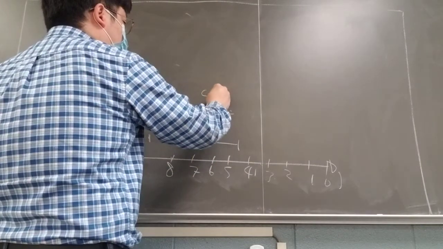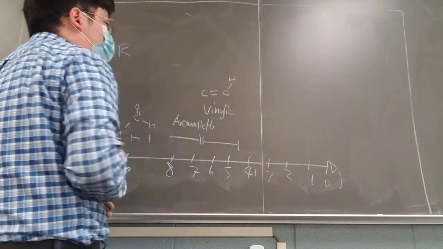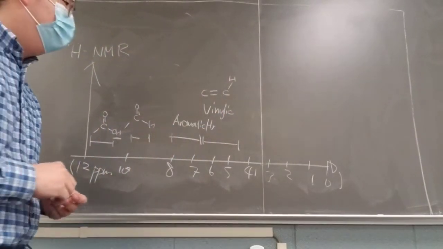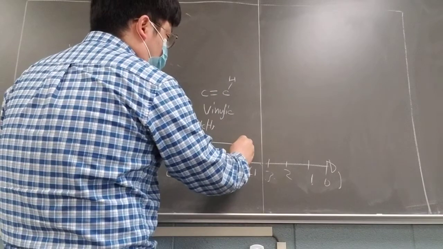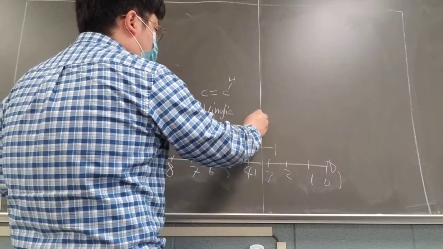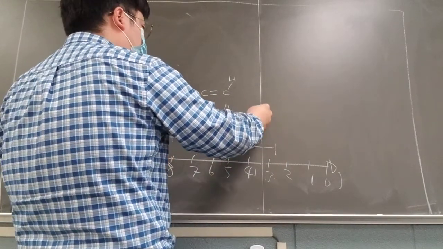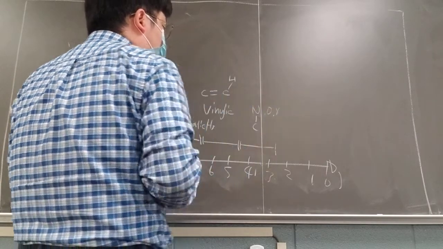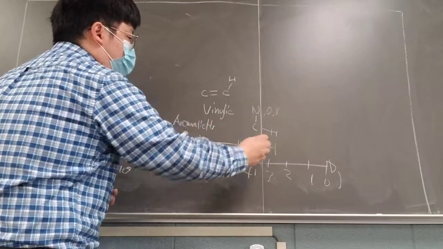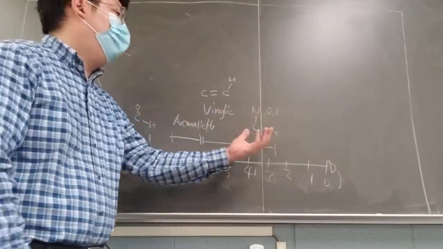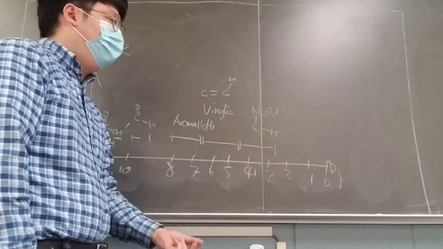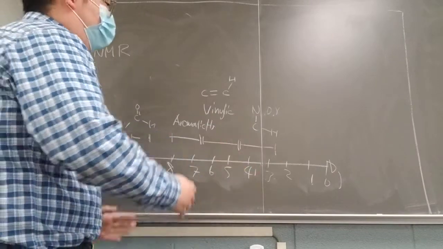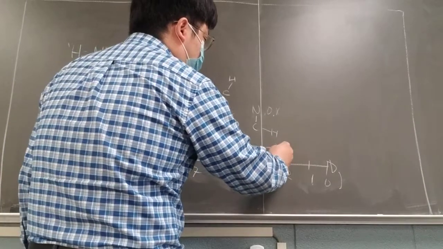So meaning you have carbons in here, and the double bond is bound to the hydrogen. Also we have some carbon that is bonded to not just carbon, but also nitrogen or oxygen or any halogen groups. Then you also have a proton there. Because of those, they're also slightly deshielded, but still quite on the right side here.